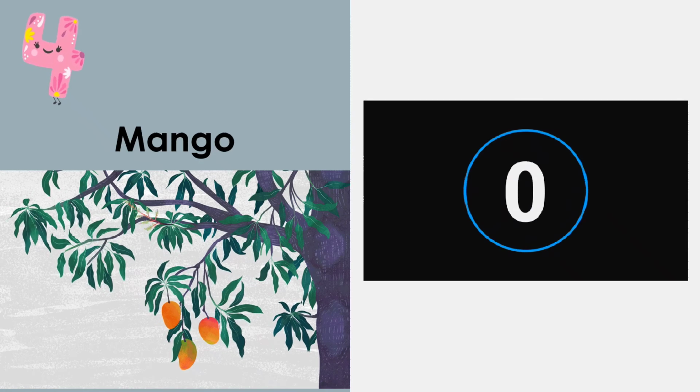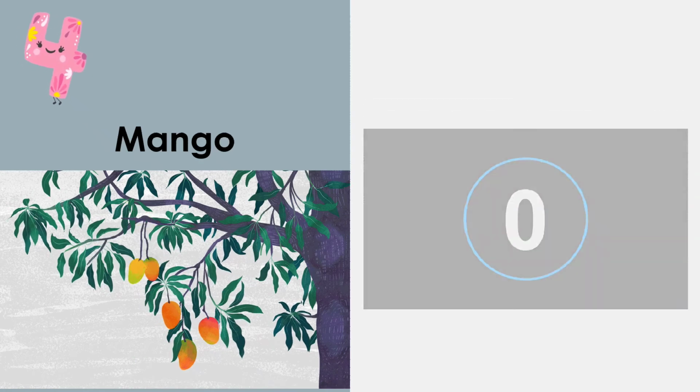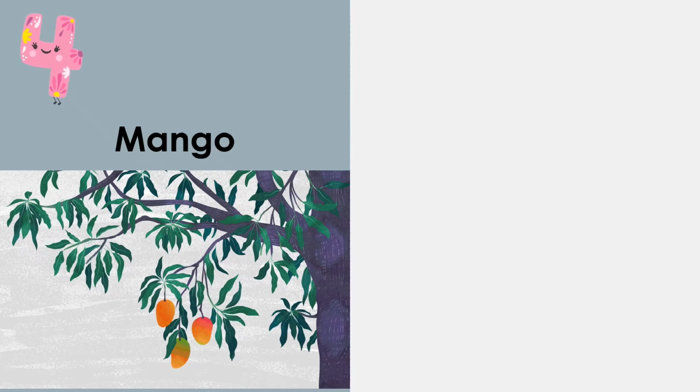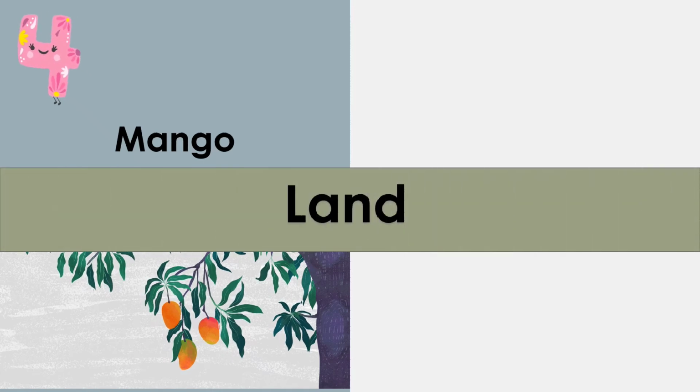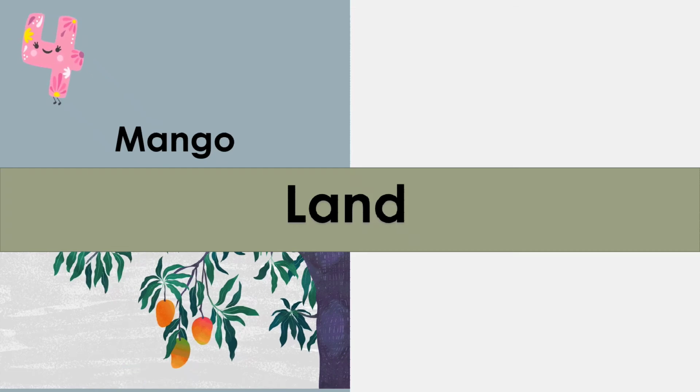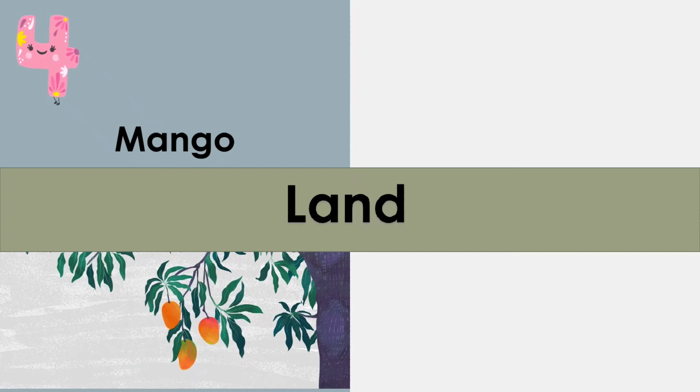Alright, time's up. What will be your answer? If you answer land, then you got it right. Land. Mango grows in land.